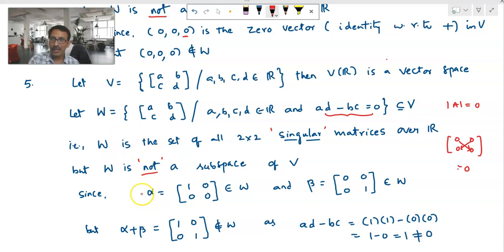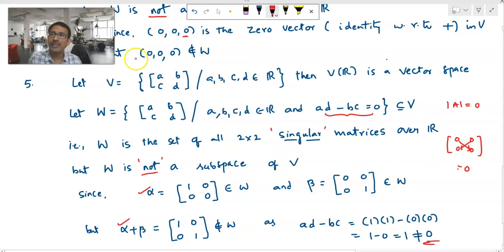I will give you the reason. I have considered alpha. What is the determinant of this? AD minus BC is 0. What is the determinant of beta? This is also 0. But if I add the 2 vectors alpha and beta, what is this? What is the determinant? Not equal to 0. Therefore, alpha plus beta does not belong to W. Hence, W is not a subspace.